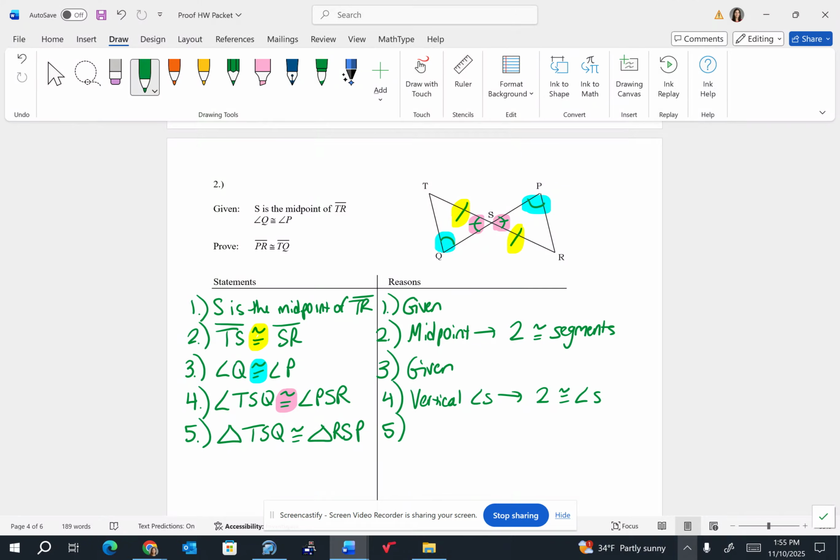This one has 2 angles and a side. The side is not in between the 2 angles, so this is when we use angle, angle, side. And then how do I know where to end the proof? It tells me. Are PR and TQ corresponding sides in those congruent triangles? Yes, they are. So PR is congruent to TQ, and that is because of CPCTC.